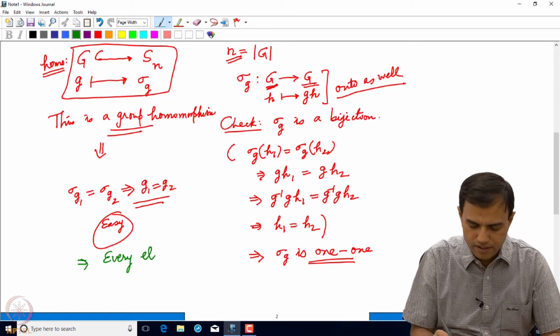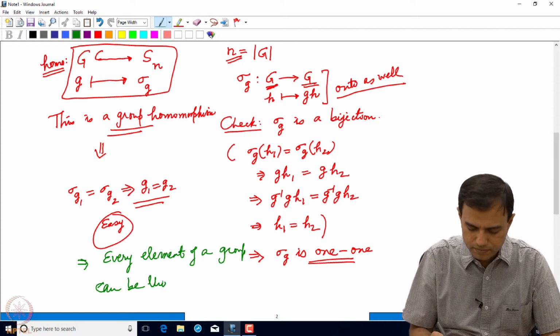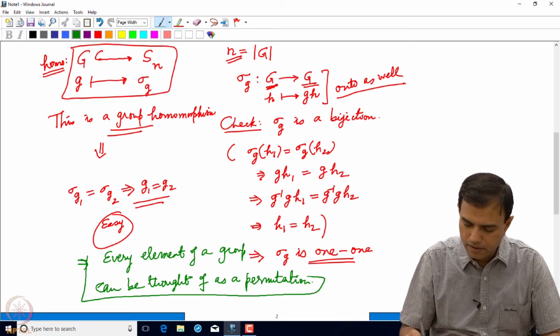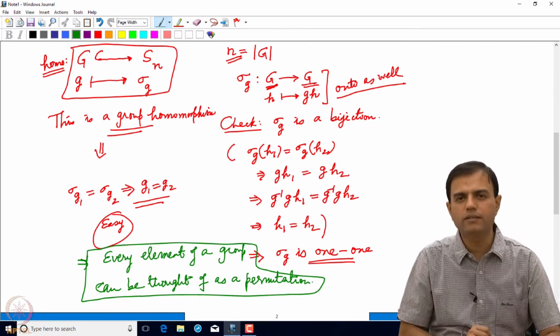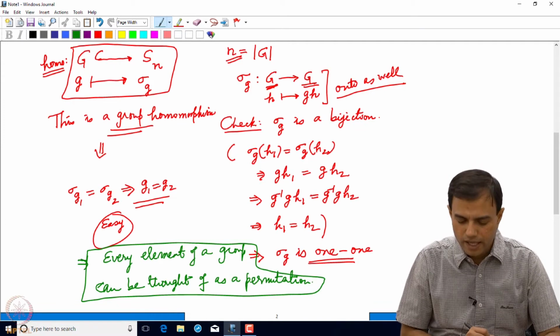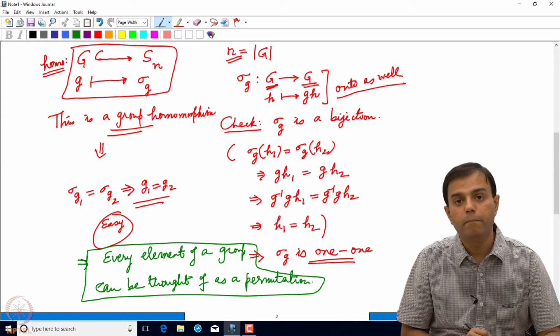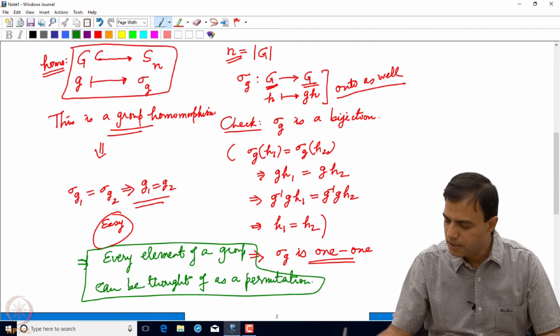Every element of a group can be thought of as a permutation. And now I am making another statement, namely every element of a group can be thought of as a matrix. So how to see that?